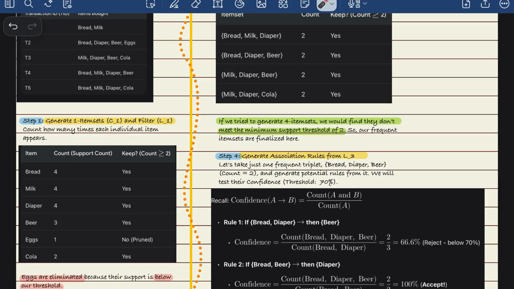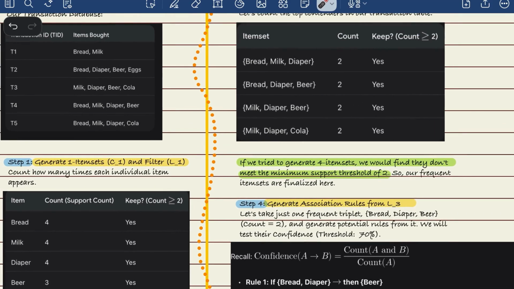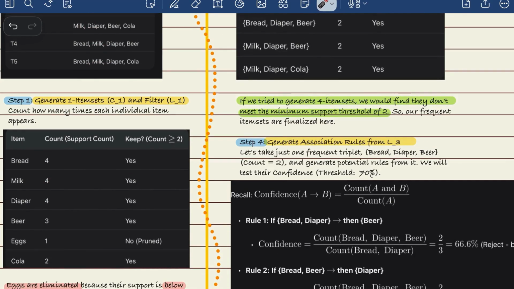We count how many times each individual item appears across the 5 transactions. First we see bread. Bread is bought 1, 2, then 3 and 4 times. Bread is bought 4 times. If we talk about milk, 1, 2, 3, 4. Milk is bought 4 times. You need to check that every item appears in at least 2 transactions.